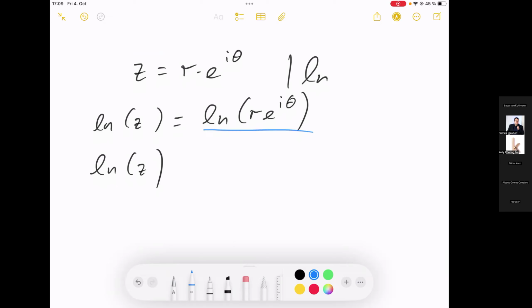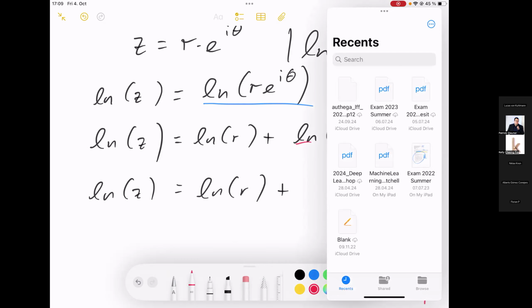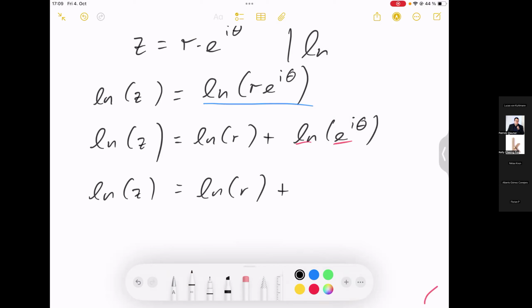We can say, well, this is the ln of the first element, r, plus the logarithm of e to the i times theta. And this is still the logarithm of r. And here, this is the natural logarithm, and we have e.